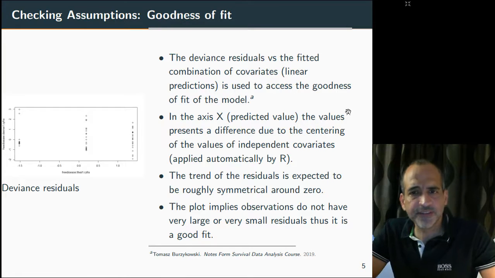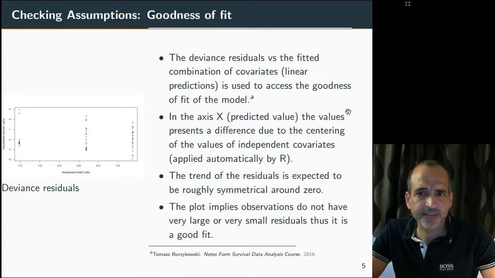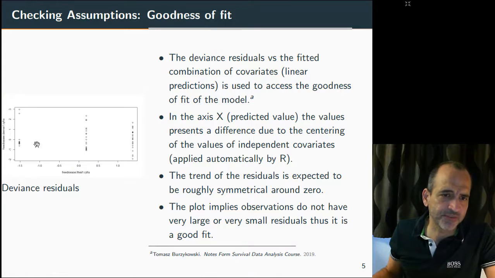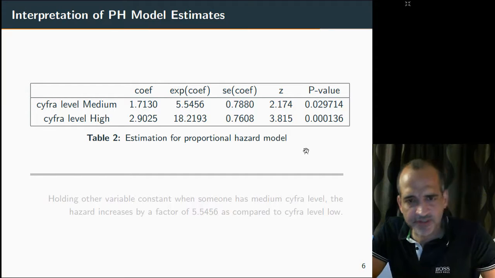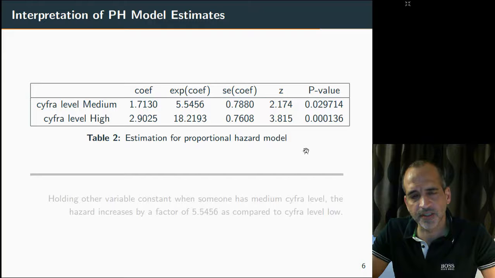And for the goodness of fit, in the deviance residual plot we can see that the trend is more or less around zero. That is what we expected. Also, in the X axis, the values present a difference, mostly due to the symmetry of the values of independent covariates that is applied automatically by R. And now we can do an interpretation because it's safe, the assumptions are accomplished.